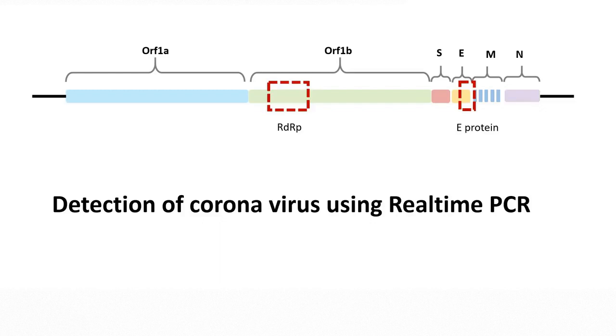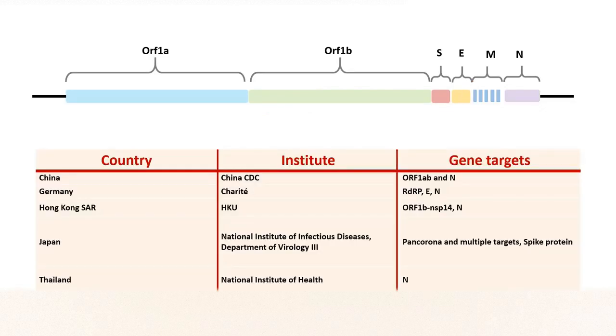These can be detected. And several institutes or several research laboratories across the world have used primers against specific regions, such as China used ORF1b and ORFN, whereas Germany used a different kind of PCR strategy. But all of these strategies are dedicated to detecting a portion of the viral genome present in the sample or not.